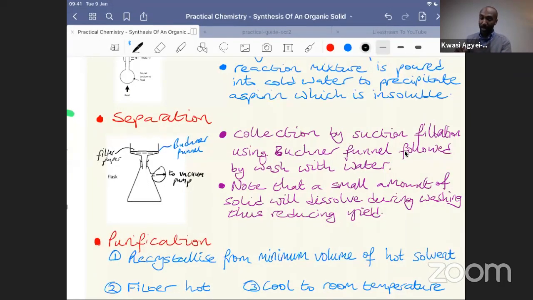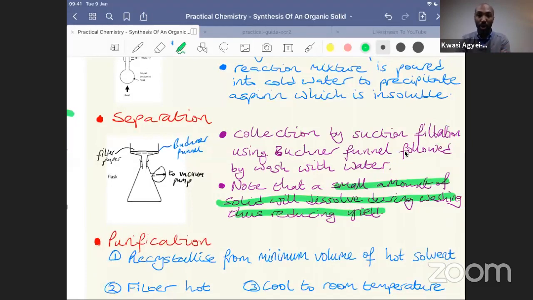So if we highlight that point, it says note that a small amount of solid will dissolve during washing, and that reduces the yield. So that is hopefully something that you are aware of and can recall when being asked to explain why you don't get 100% yield, for example. Okay, so that's our solid separated from the contents of our reaction mixture.